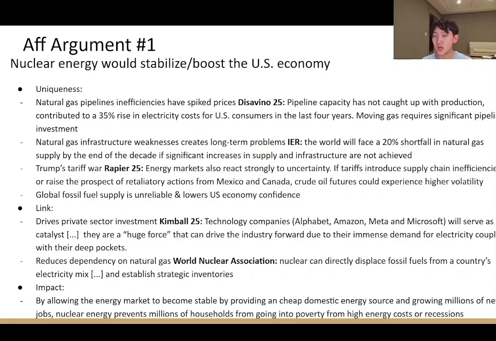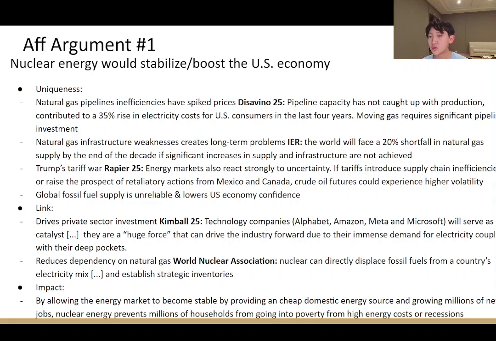And even worse, Trump's tariff war. Rapier25 writes that energy markets also react strongly to uncertainty. If the tariffs introduce supply chain inefficiencies or raise the prospect of retaliatory actions from Mexico and Canada, crude oil futures could experience high volatility. So I'm guessing you have seen on the news that Trump has declared trade wars on multiple countries like China, Canada, etc., right?